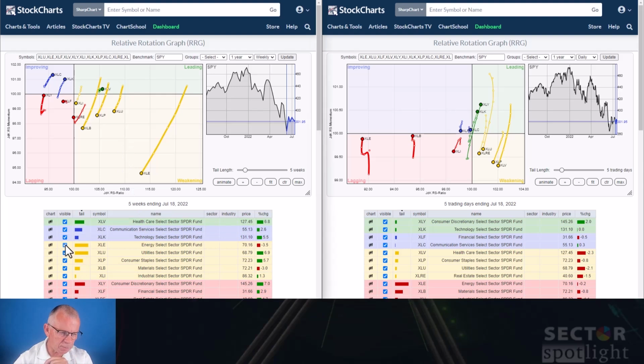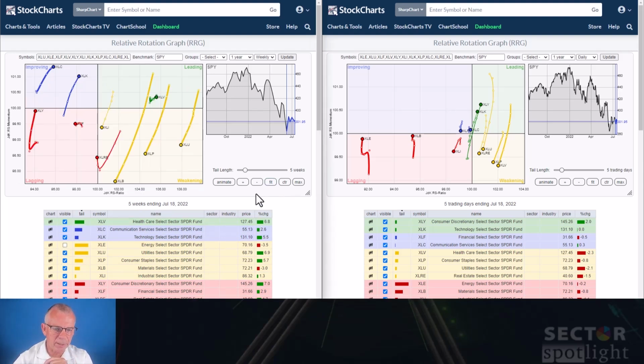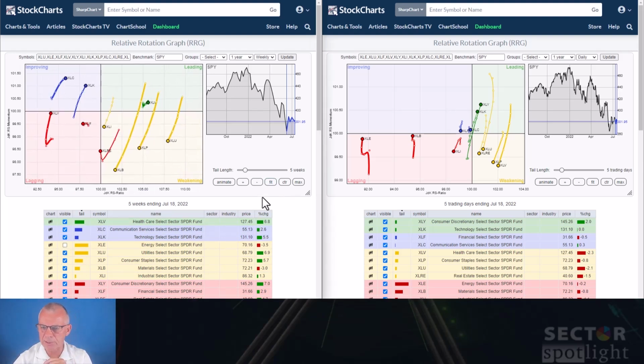I'm going to switch this one off here to better get a view on what's going on in the other sectors. I'm going to do the same here because XLE now moved far to the left on this one, so it's really the sector that's making the big moves.